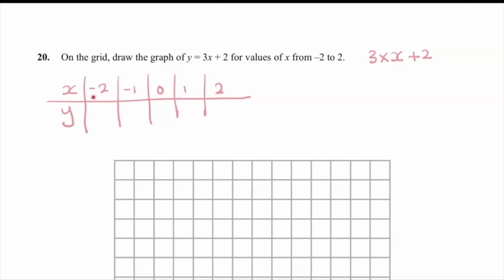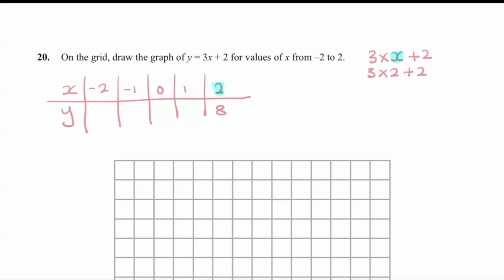I am not starting here. Why would I want to start at the hardest place? I'm actually going to start here where it's a positive number. So my x is going to change to the 2 that I've got in my table. 3 times 2 plus 2 is 8. So my y is 8 when x is 2.